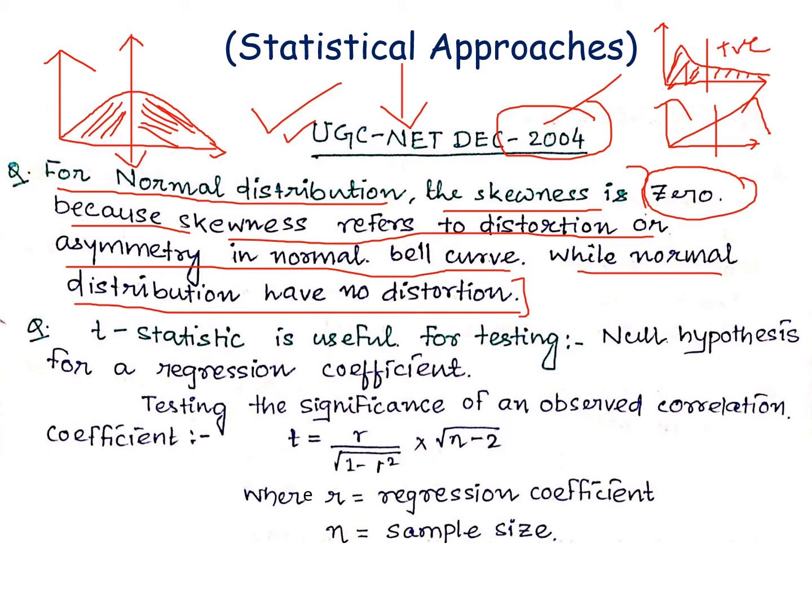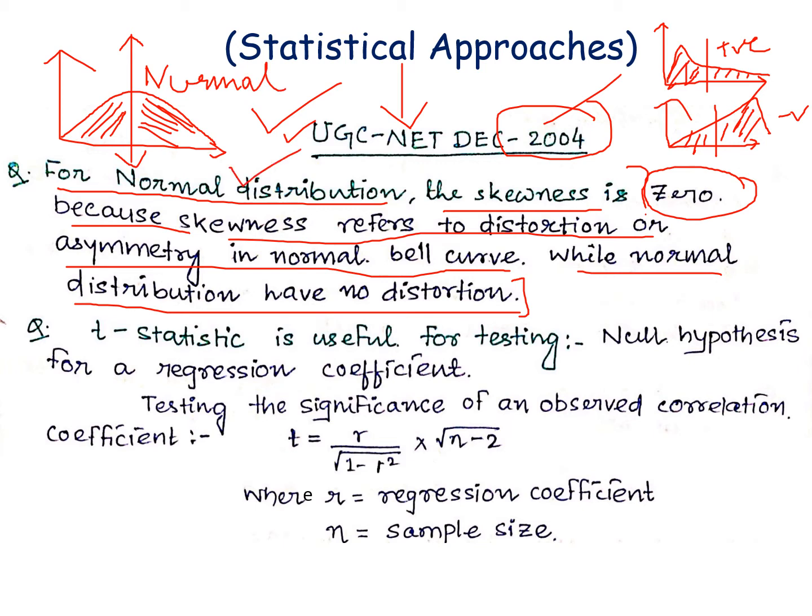While in the negatively skewed distribution, the right hand side has a higher area as compared to the left hand side. So there is no distortion in the normal distribution, so the answer will be 0 for the skewness in the normal distribution curve.